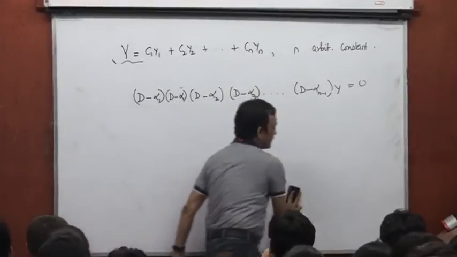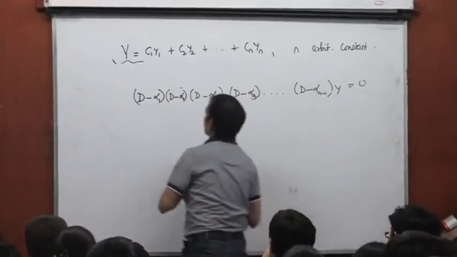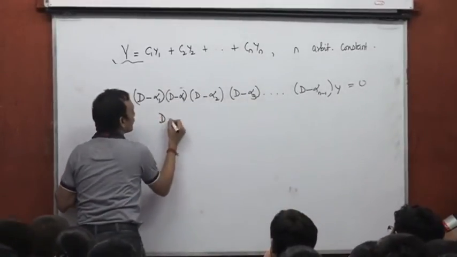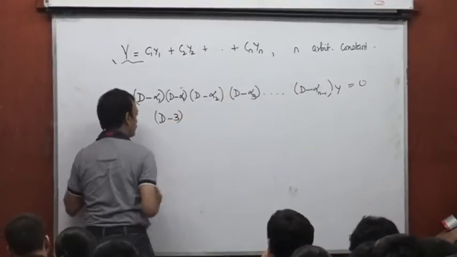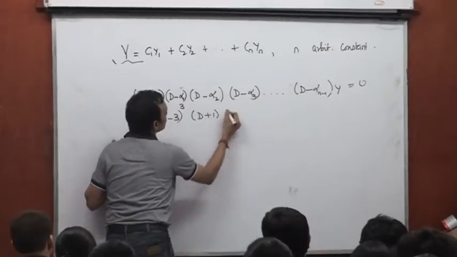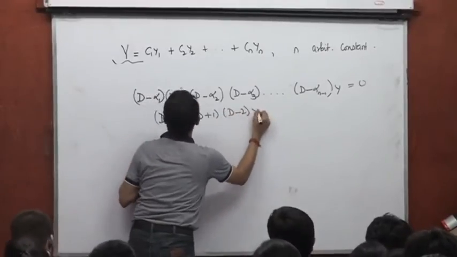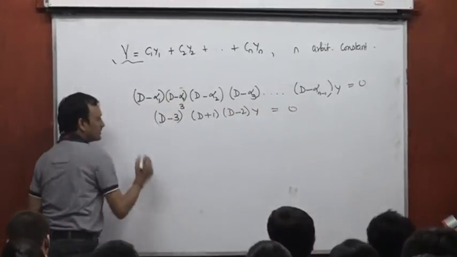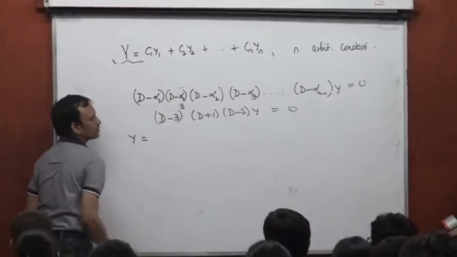So if we had, let's say, a differential equation of the following kind, (D − 3)³(D + 1)(D − 2) acting on y equal to 0, what would be the solution to the differential equation?